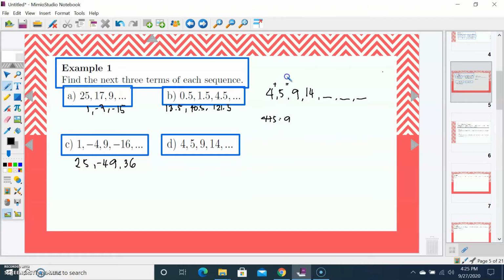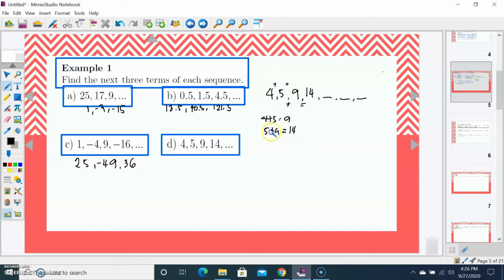Now, if you take a look at 5 and 9, if we add these, it will give us the fourth term, which is 14. So 5 plus 9 is equal to 14. And take note that 5 and 9 are the second and third terms, and 14 is our fourth term.